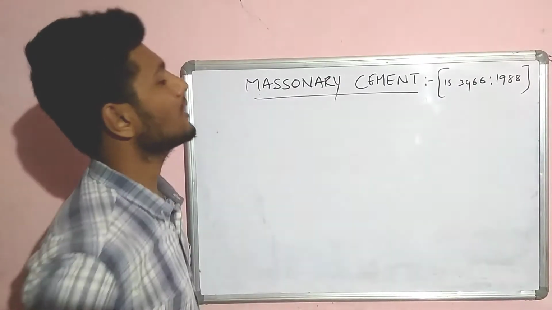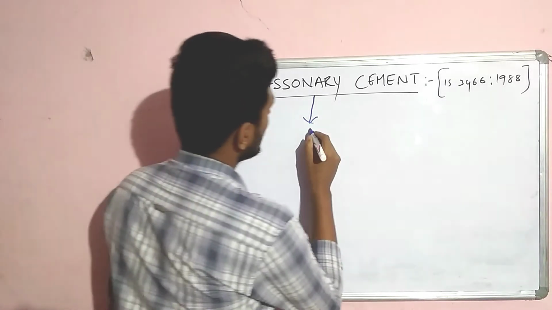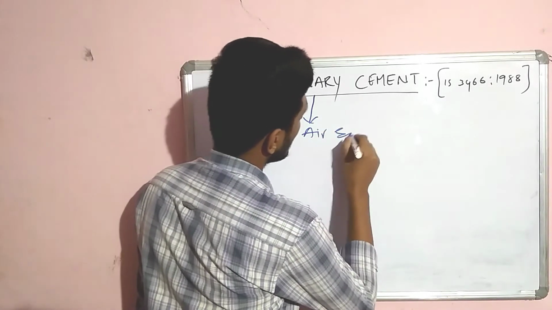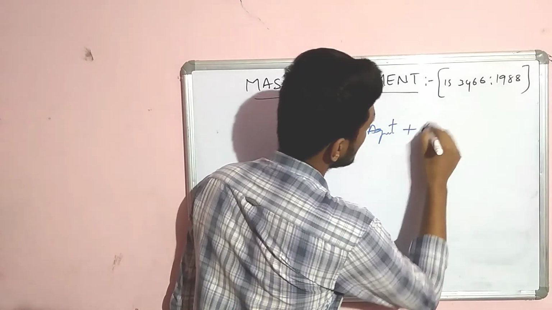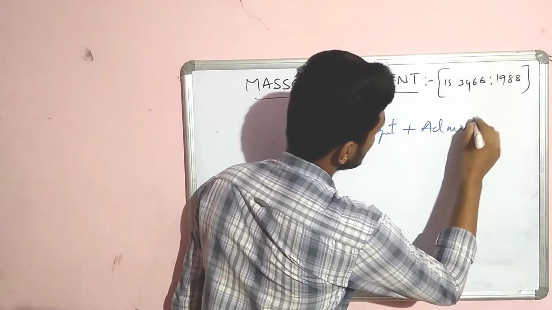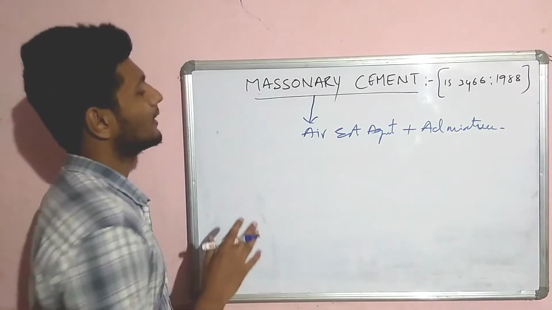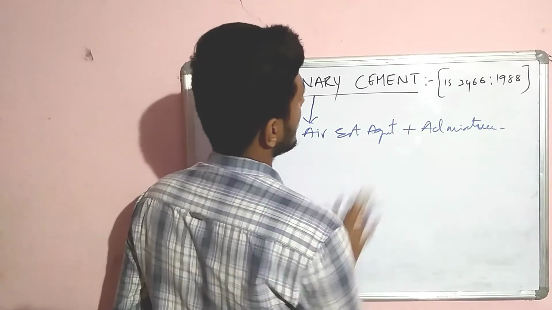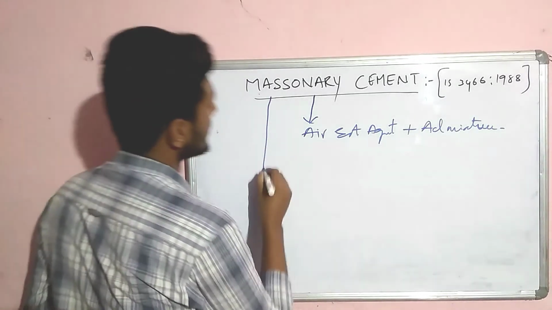And coming to the masonry cement, it is manufactured by using air entraining agents and admixtures. In the mixture of the Portland clinker, these two agents are used to prepare the masonry cement.